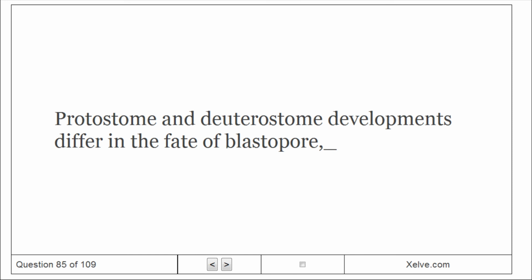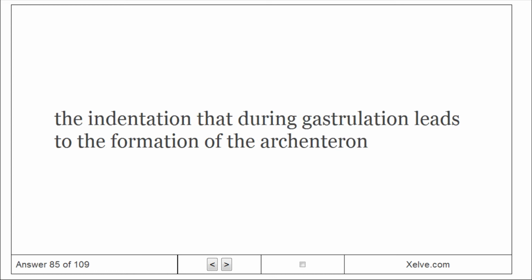Protostome and deuterostome developments differ in the fate of the blastopore, the indentation that during gastrulation leads to the formation of the archenteron.